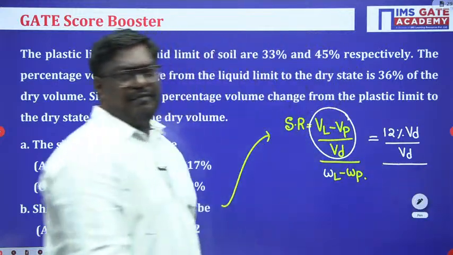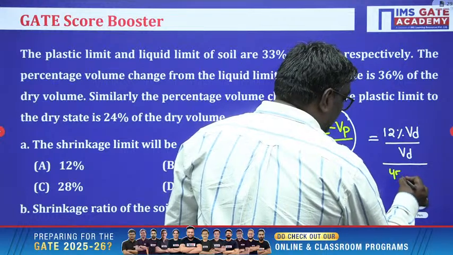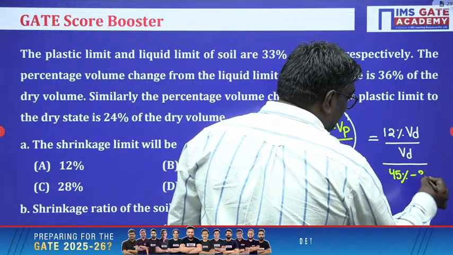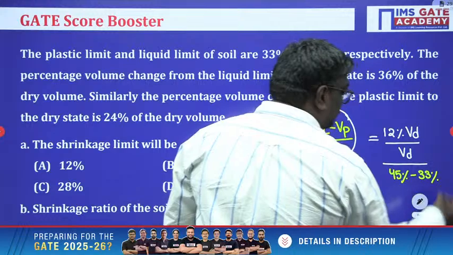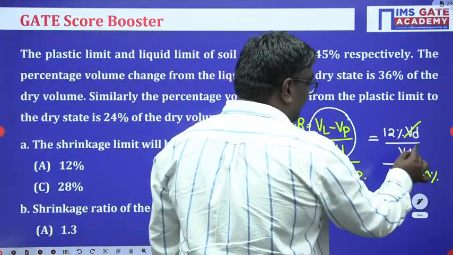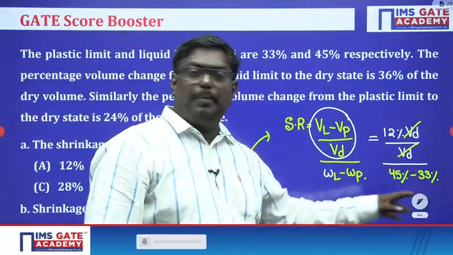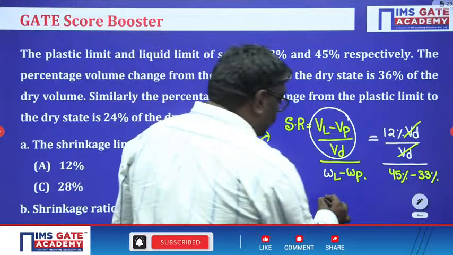So it is equal to 12 percent of VD divided by VD upon WL, which is 45, minus WP, which is 33. Here VD cancels. 45 minus 33 is 12. 12 upon 12 is equal to 1.